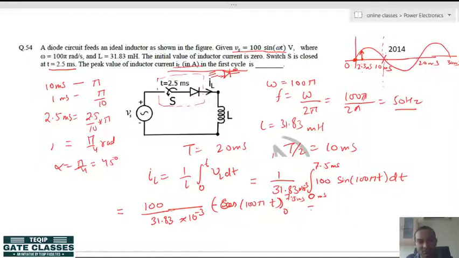So, just calculate its value, or you can also put the limit if you want to, and also divide by 100 pi divided by 100 pi.